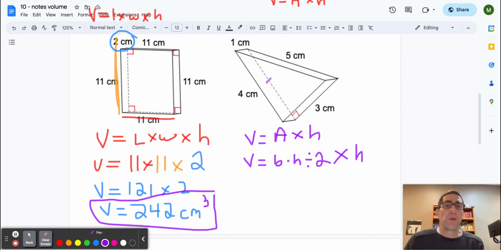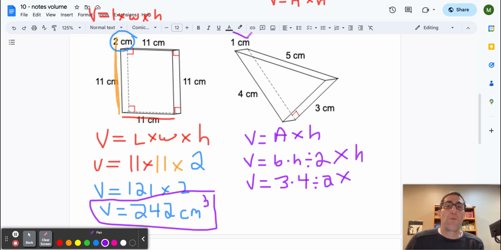When I look at this triangle, I notice that I've got this line here, and this red triangle here tells me that's a right angle. So I know that my 3 and my 4 are my base and my height. So I can rewrite this with 3 times 4 divided by 2. That would be the area of the triangle. And then I'm saying to myself, how many layers can I stack up between this front and the back?